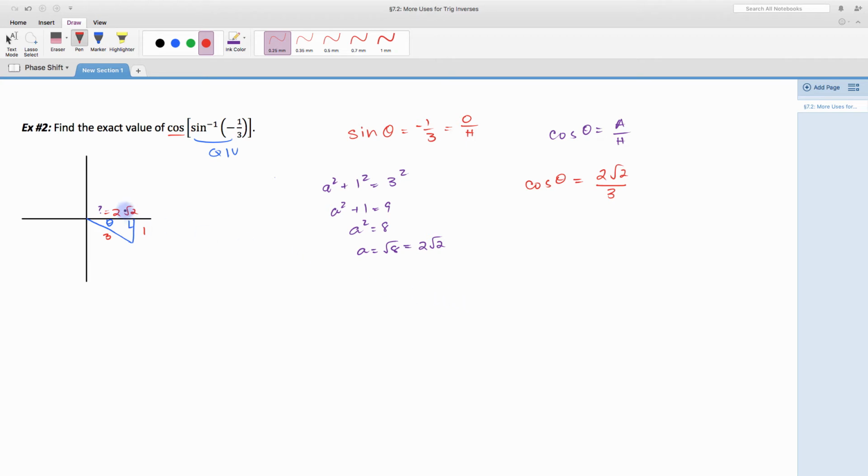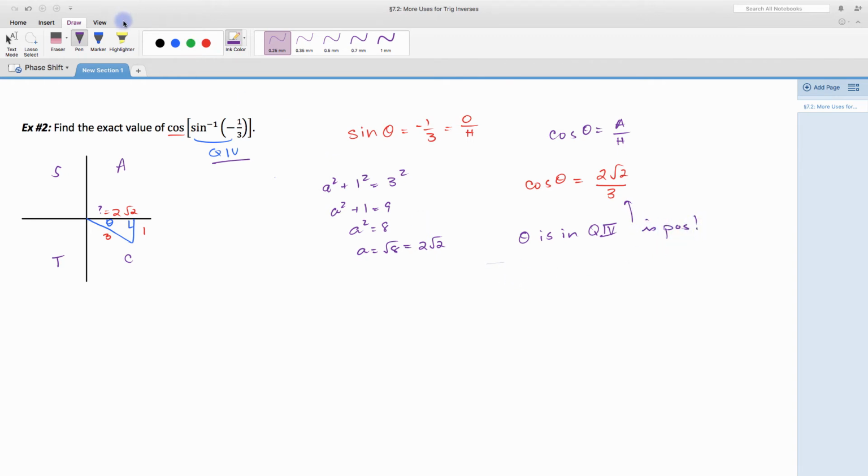If we remember back to when we talked about where the function itself, not the inverse, is positive, we used this little acronym: All Students Take Calculus, ASTC. In quadrant 4, where we are, the C, or cosine, is positive. So cosine is positive because theta is in quadrant 4, so this is positive.